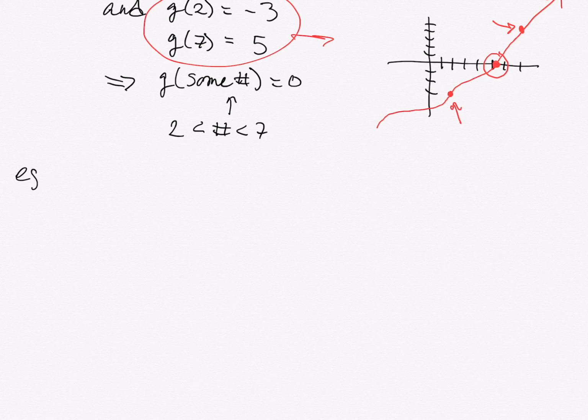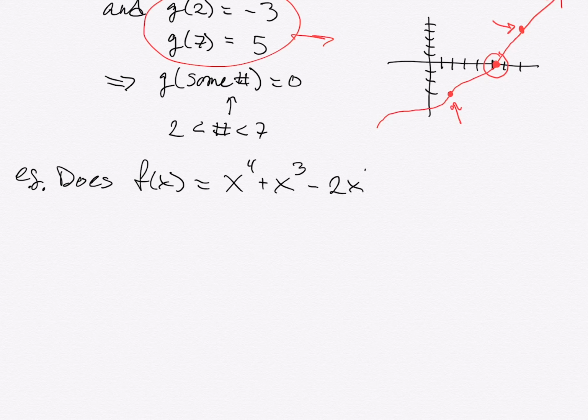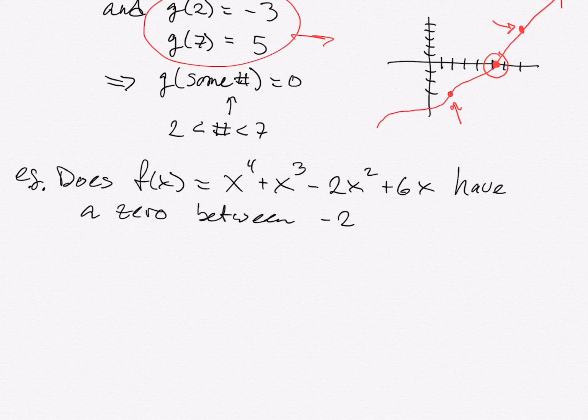For example, the phrasing might be a little bit different, but does f of x equal x to the 4th plus x to the 3rd minus 2x squared plus 6x have a 0 between negative 2 and negative 3?